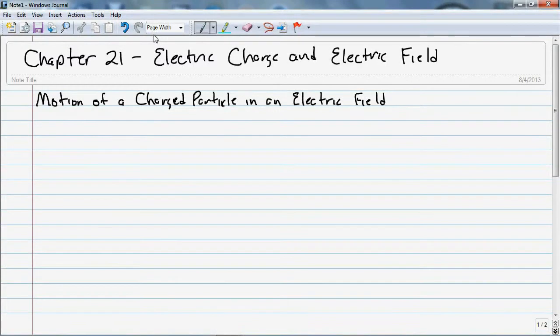So for the most part of this chapter, we've dealt with statics, which is charges not moving.